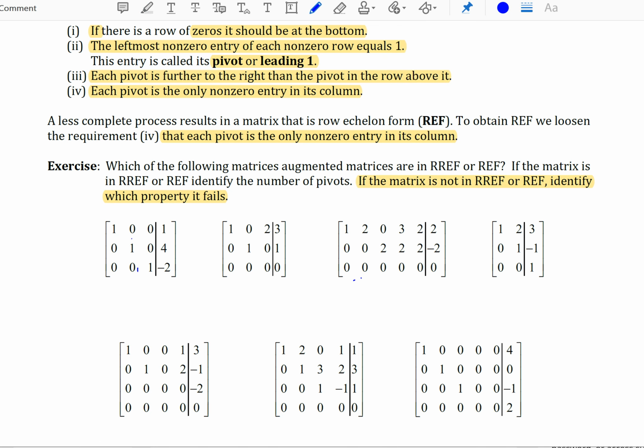First one. So I'm going to say each pivot is down and to the right of the pivot above it. There's only zeros in those pivot columns. Each pivot is the leftmost non-zero entry. This one I want to say is RREF.